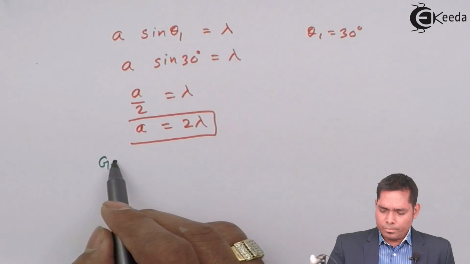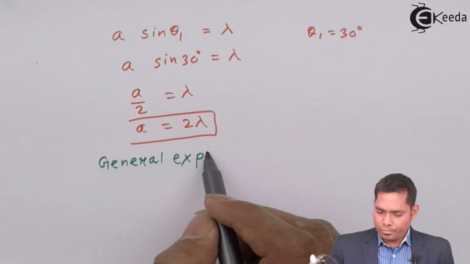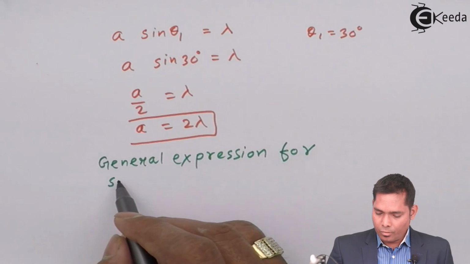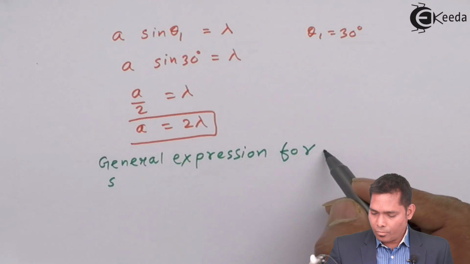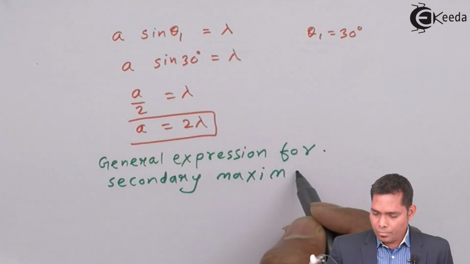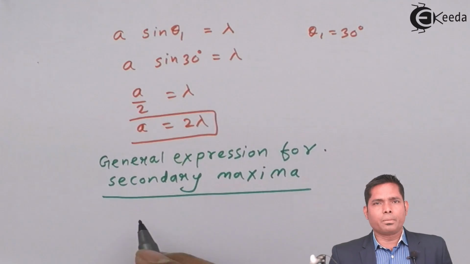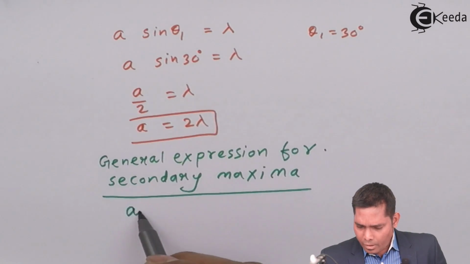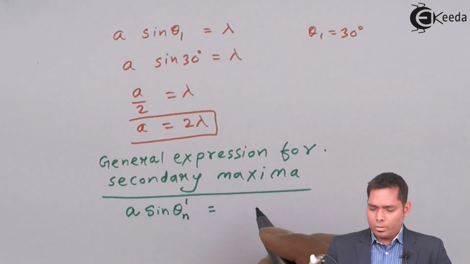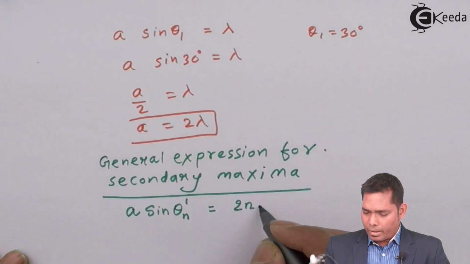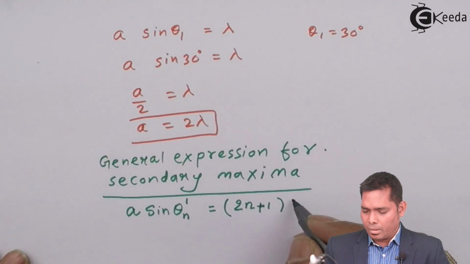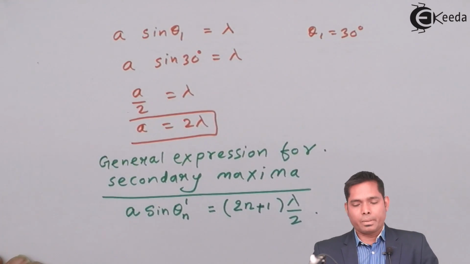The general expression for secondary maxima is given by A sine theta n prime equals 2n plus 1 lambda by 2.